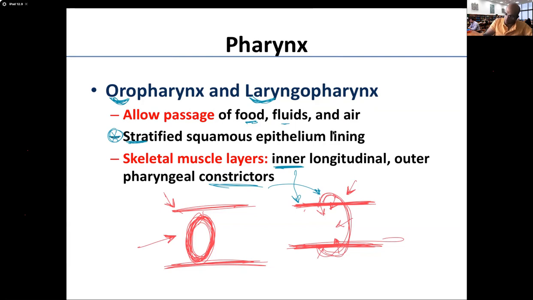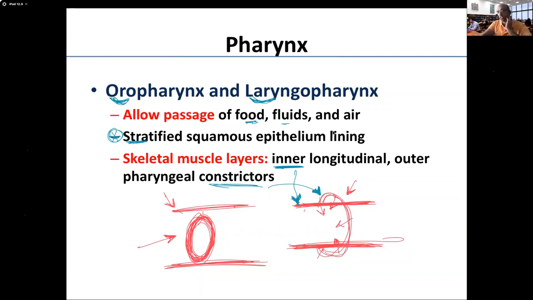So how come I have this arrangement in the pharynx and it will not be disrupted? How come the circular muscle layer on the outside doesn't block the blood supply going to the longitudinal muscle layer? Because one thing that I want to ask you here, for how long do you contract your pharyngeal muscles?